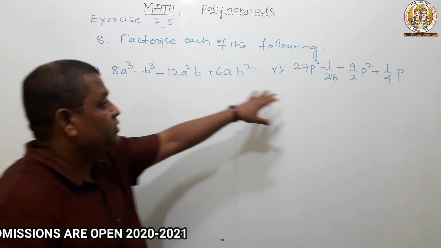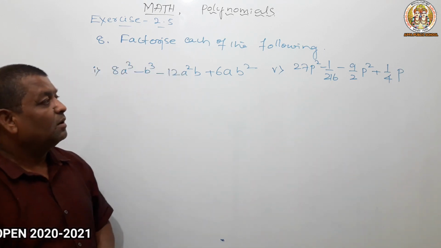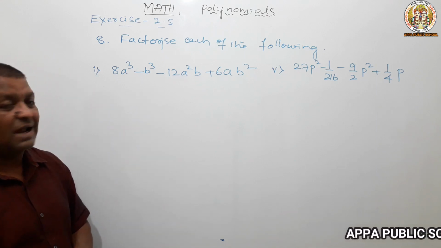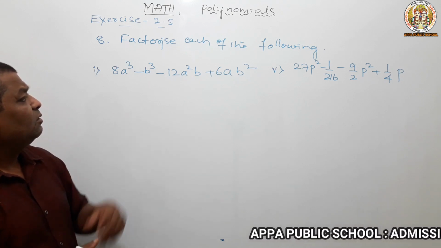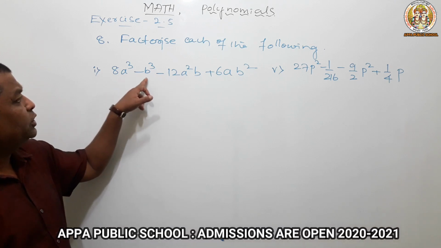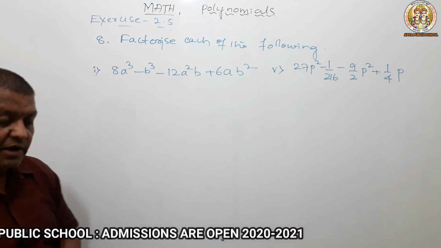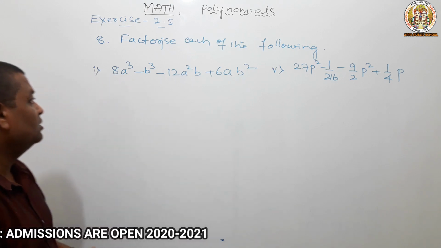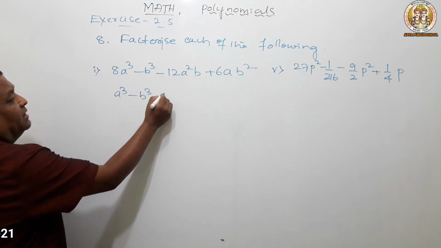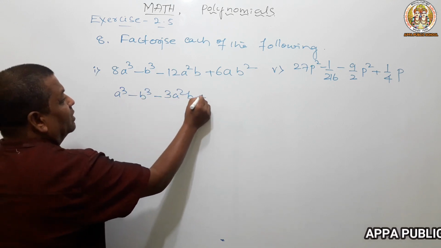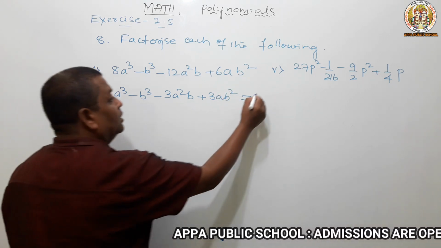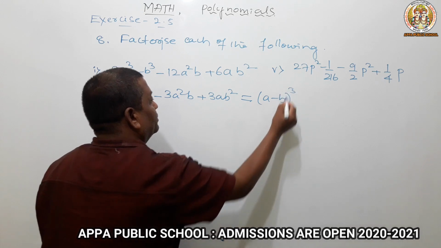Here I selected two sums of different kinds, but we already completed this through online classes and already practiced it through notes. When we see cubic, we already know the formula. The formula is a cube minus b cube minus 3a square b plus 3ab square is equal to a minus b whole cube.